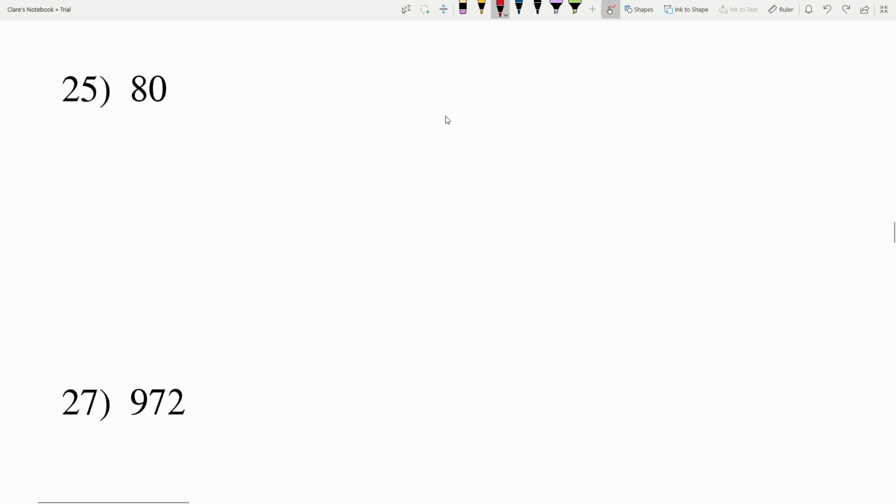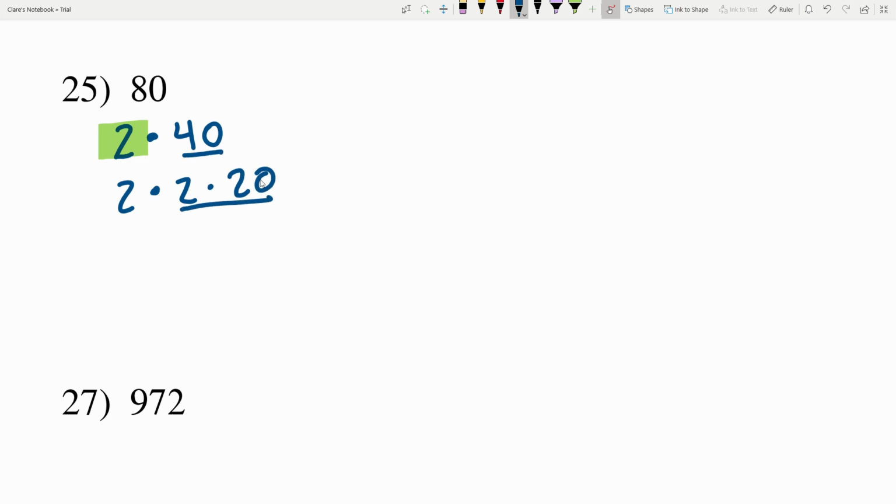In number 25, we have 80, and I know that it's even, so it's divisible by 2, and that's going to be 2 times 40. So prime number 2, 40 is still even, so I'll do 2 times 2 times 20, because 2 times 20 gives me 40.